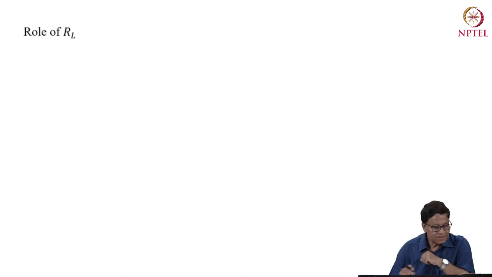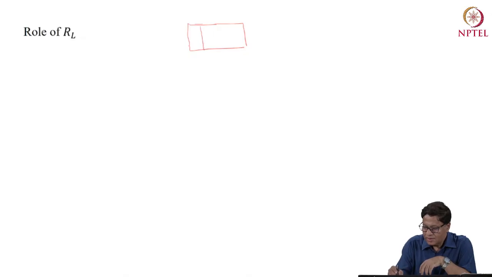So now let us understand the role of RL, the load resistor, which we had discussed when we were discussing the PIN diode. Again, I'll redraw this picture of the PIN diode. So this is P, this is my I region, this is the N region, and this is reverse biased.